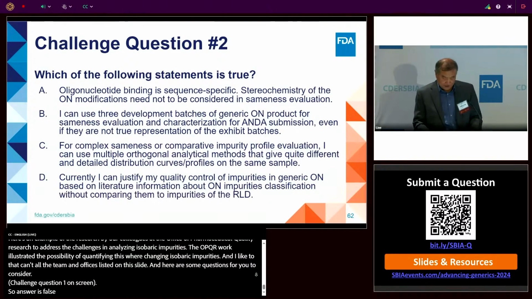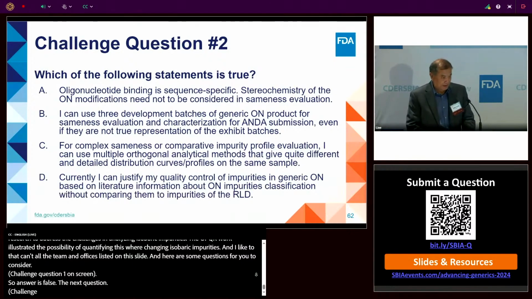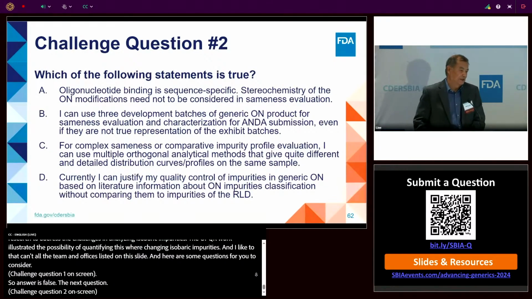The next question: which of the following statements is true? A, oligonucleotide binding is sequence specific, so stereochemistry of the oligonucleotide modification need not be considered in sameness evaluation. B, I can use 3 development batches of the generic oligonucleotide for sameness evaluation and characterization for my submission, even if they are not true representations of the exhibit batches.